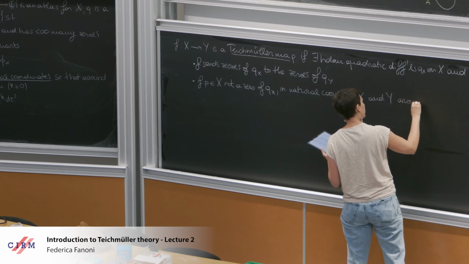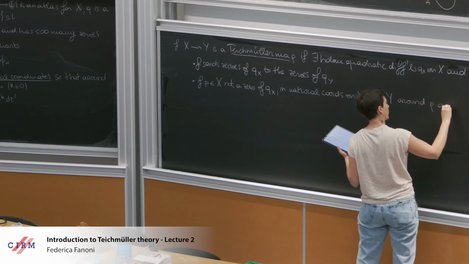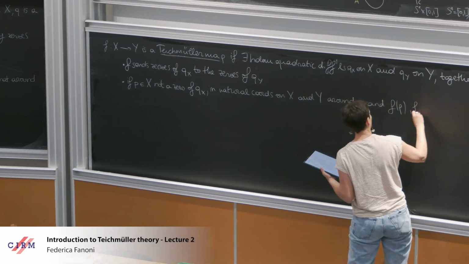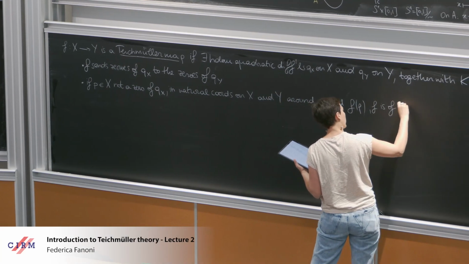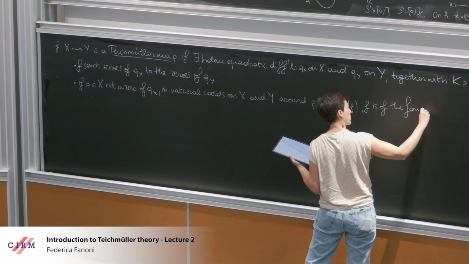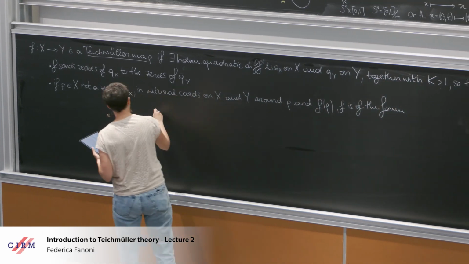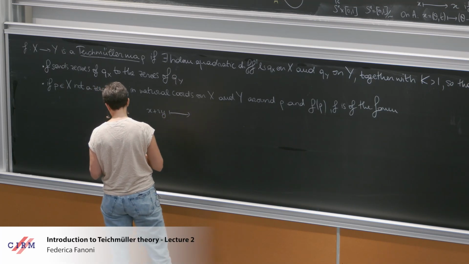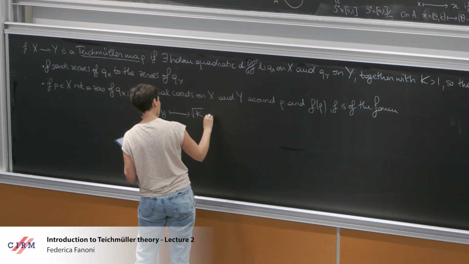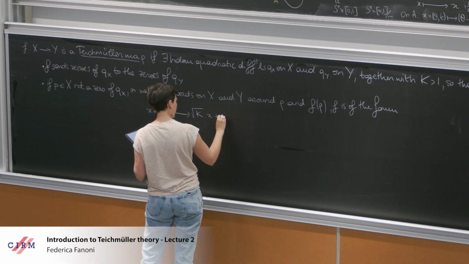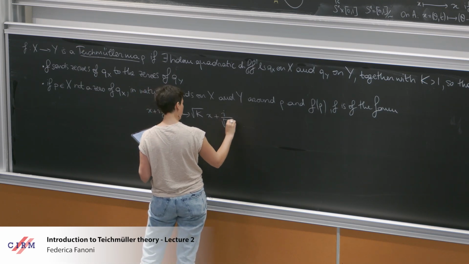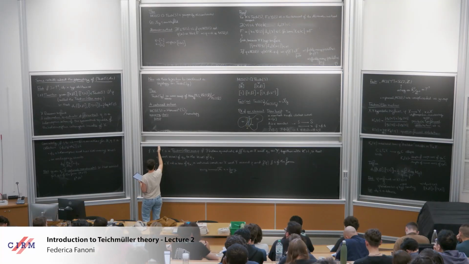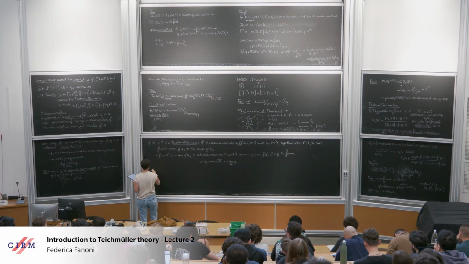So around P and its image point f of P, f is of the form x plus iy is sent to the square root of K times x plus i over the square root of K times y. So it has a very explicit form, and then you can just check.